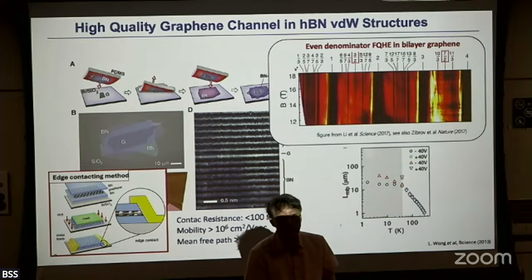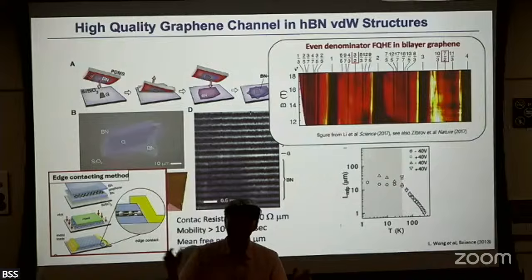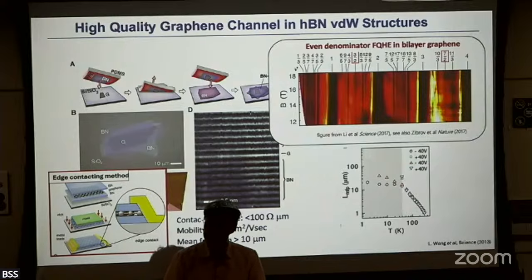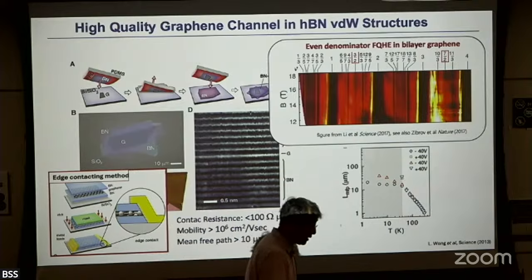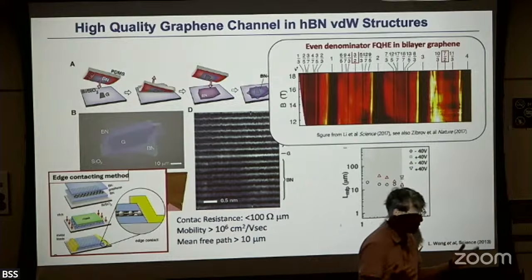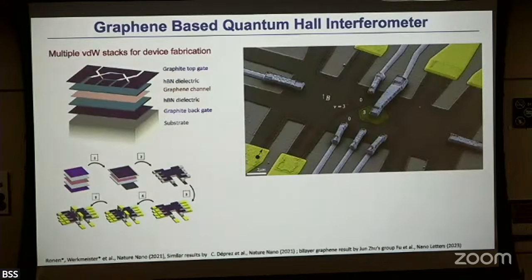So the even denominator state in graphene, which is important, and is the eventual goal that everybody has, is much more robust than what you see in gallium arsenide. The energy scale of the even denominator state is something like 10 Kelvin at 10 Tesla, which is about an order of magnitude larger than you see in gallium arsenide. So there is quite an interesting incentive that we want to continue with this type of experiment.